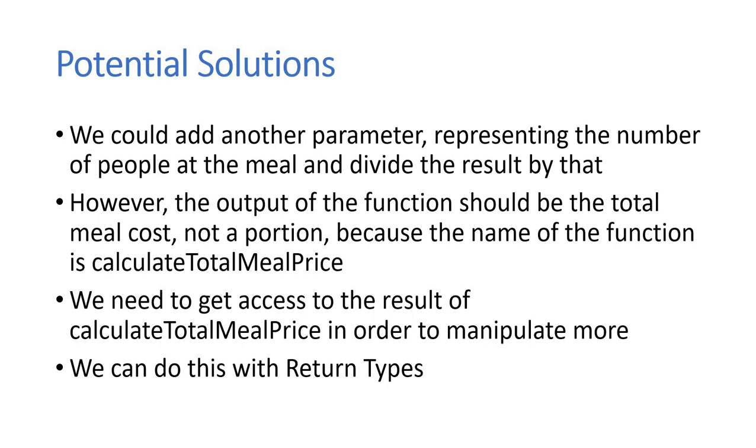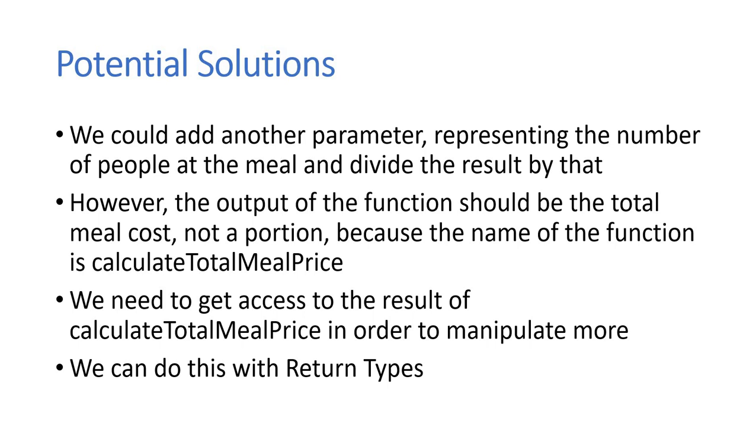But then the function name doesn't really make sense because the printout should represent the total cost of the meal, not my portion. What I really want to do is somehow get access to the data outputted by the calculate total meal price function and manipulate it some more. I want to divide it by 5. We can do this with return types.